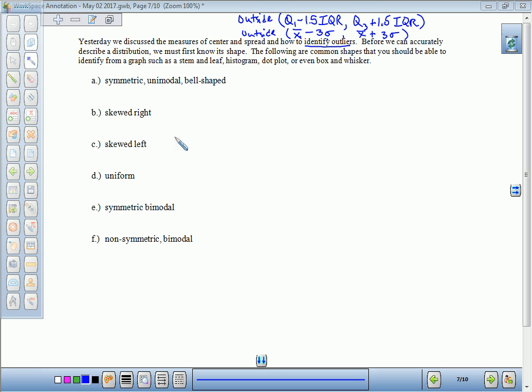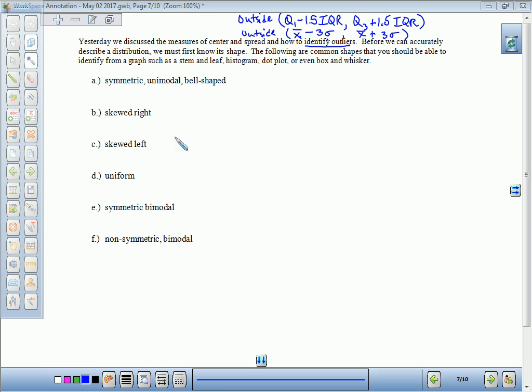So one method that you already knew walking in the store was the first one. We can identify outliers. Those are any pieces of data that fall outside of Q1 minus 1.5 IQR and Q3 plus 1.5 IQR. If it does not fall in that interval, it is considered an outlier. Another way of determining outliers involves standard deviation.